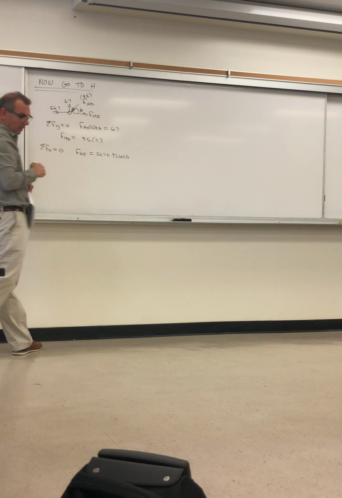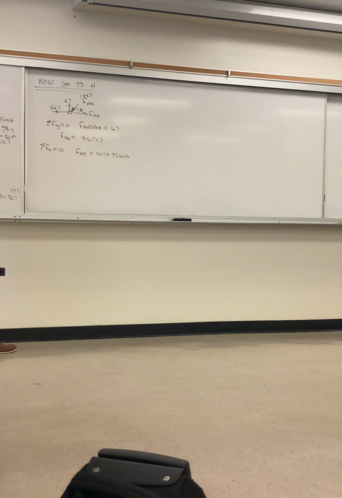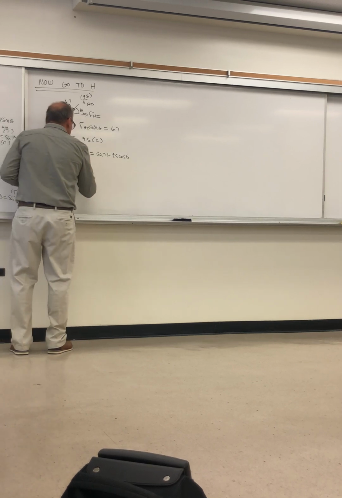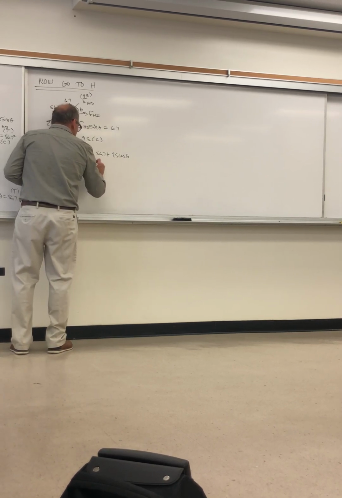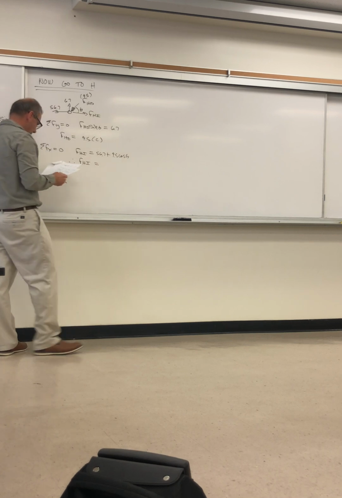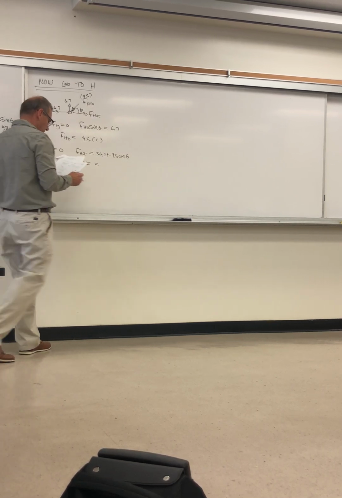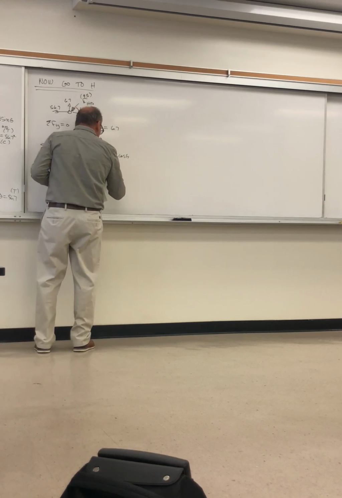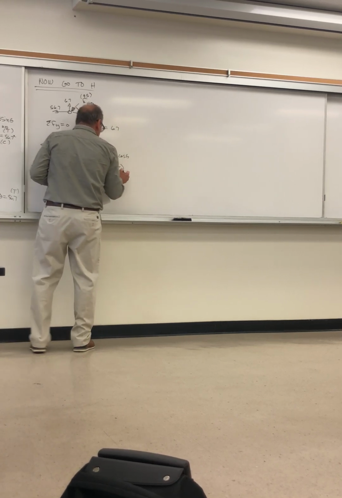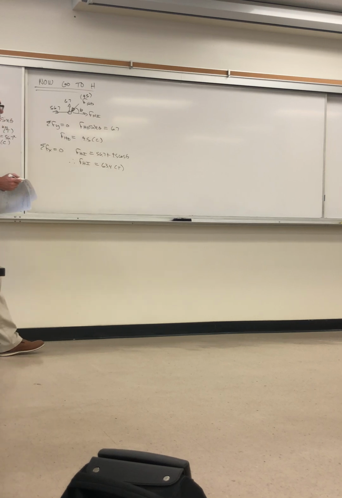I indicated where theta is. So F of HI is 63.4 kips, 63,400 pounds.